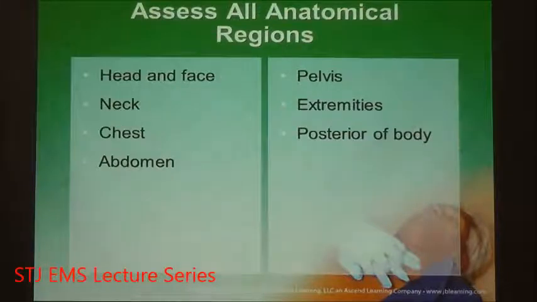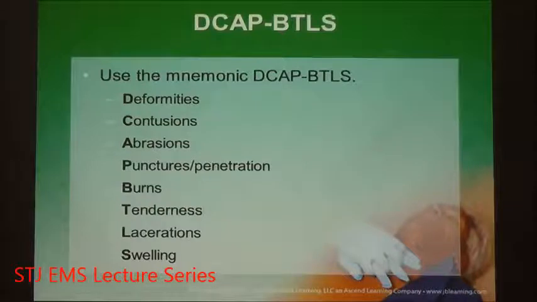So we assess all anatomical regions. We start at the head, and we check the eyes, ears, nose, go down to the neck, the chest, the abdomen, pelvis, extremities, and roll them on the back, check the back. Very important to check the posterior. We use a mnemonic in the classroom setting to aid in your assessment tools. It's called DCAP-BTLS.